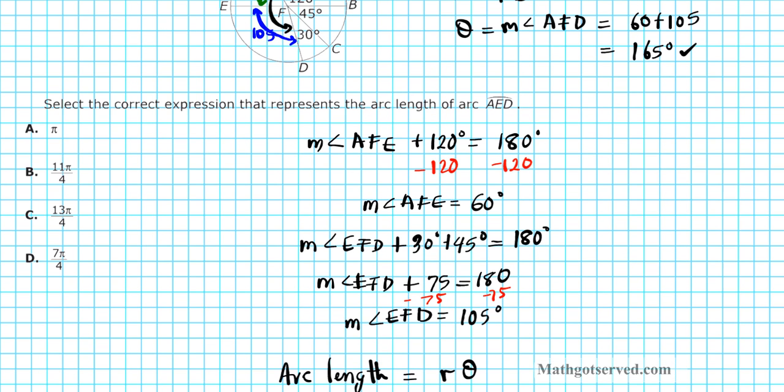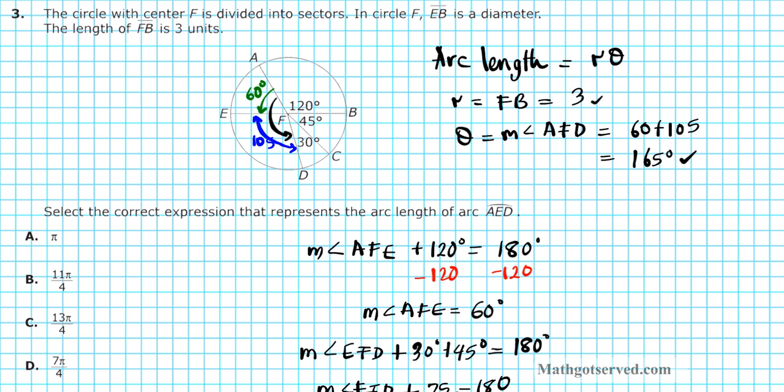Theta is 165 degrees, right? But wait, we can only use this formula when the angular measure is in radians. So what is 165 degrees in radians? We have to convert this into radians.